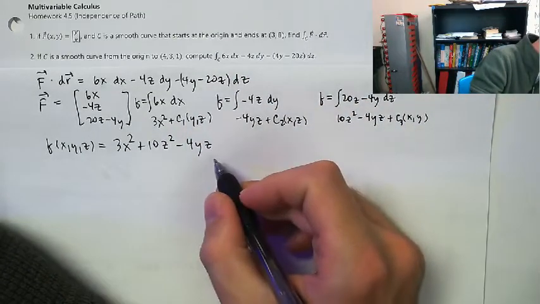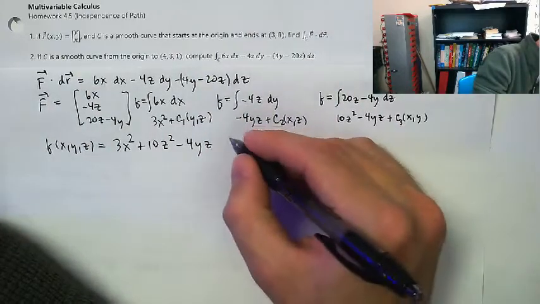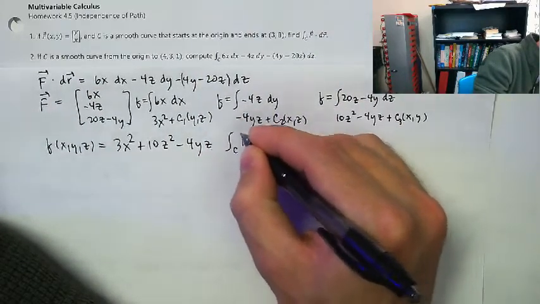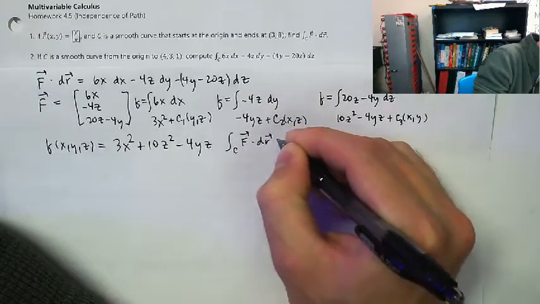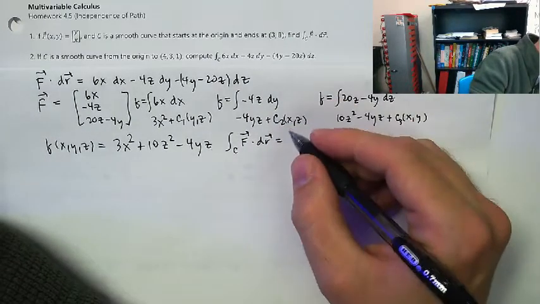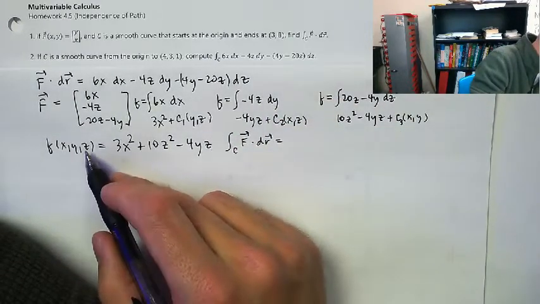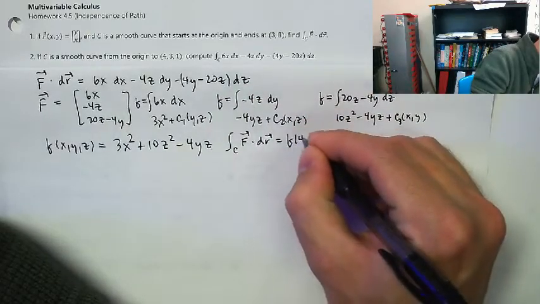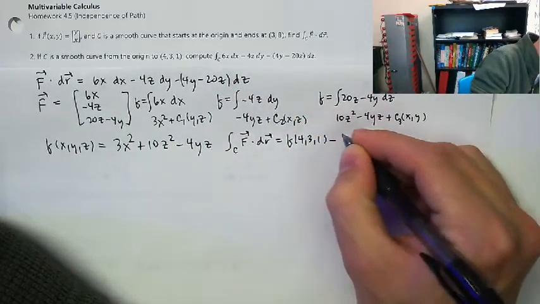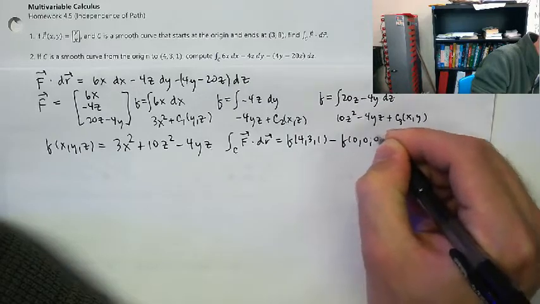All right, so this is my potential function, and now I know that the integral over curve C of f dotted with dr is going to equal this at (4, 3, 1) minus f of (0, 0, 0).